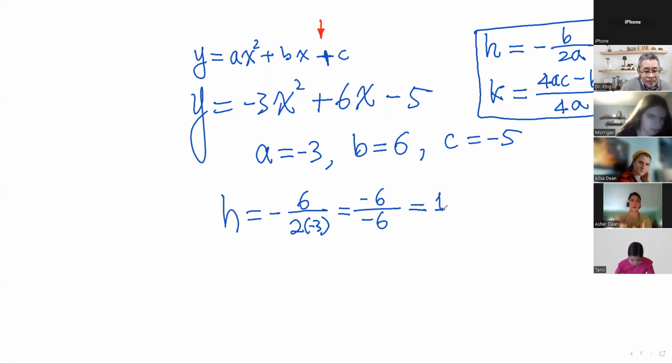There. What about now? Good job, Tammy. Yeah, simplify that. I'm sure you got them correct, but simplify that. Like negative divided by negative is 1.